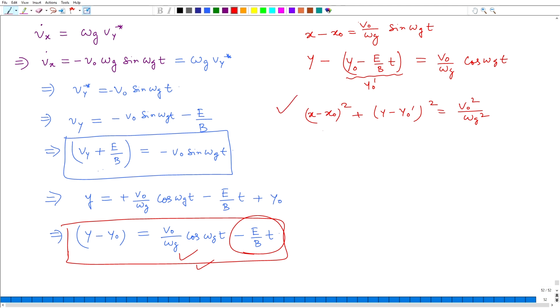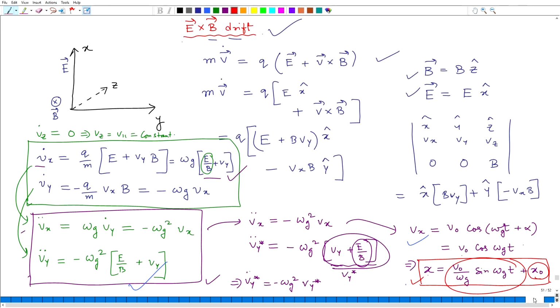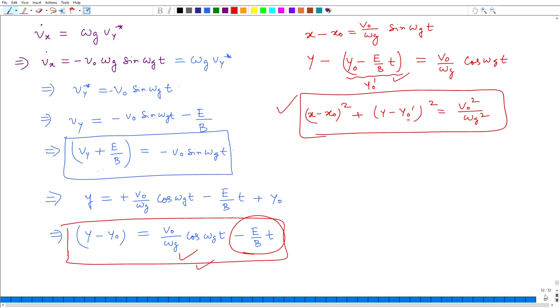So, in an xy plane this looks like a circle, but we have to take caution that the center of the circle is actually changing with time, and that is why the interpretation of such a thing is that, let us say you have the direction.